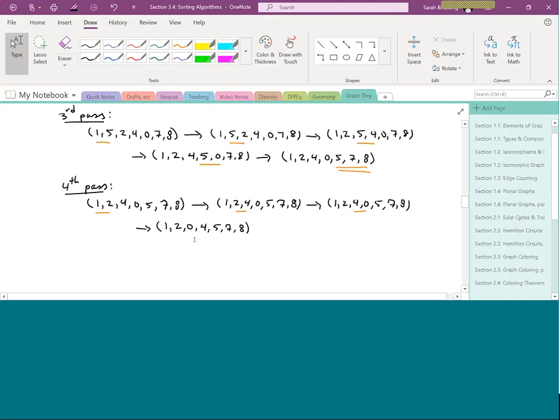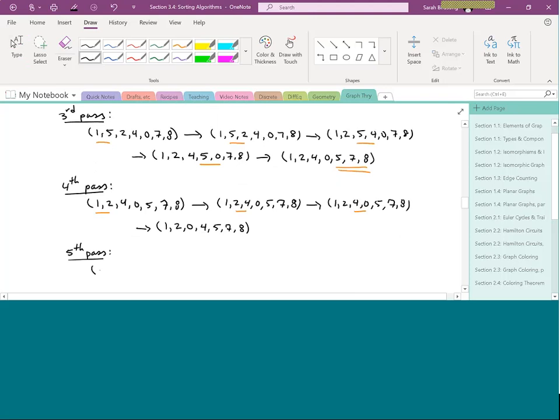And at this next stage, we've put the number 4 into its final position. So these are the 4 largest terms in the 4 last positions. We don't need to do another pass, or another comparison, I should say, as we're in the 4th pass.